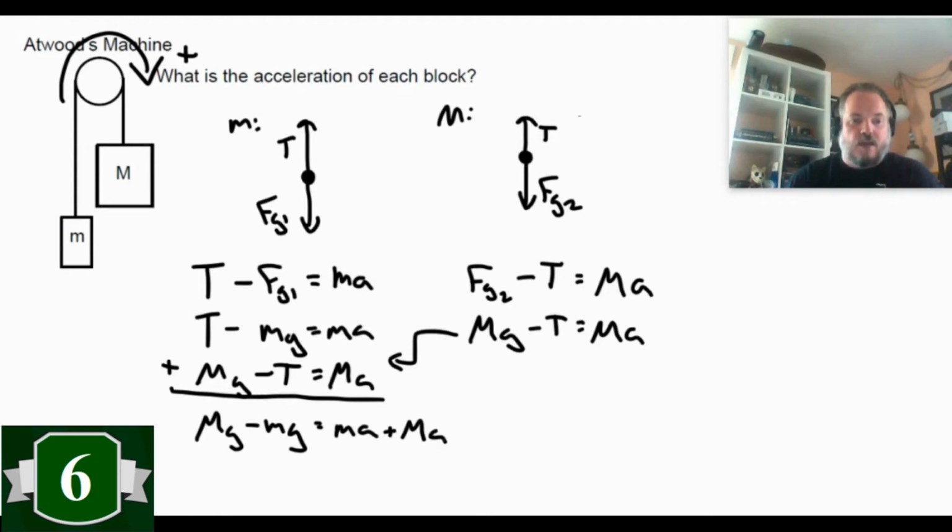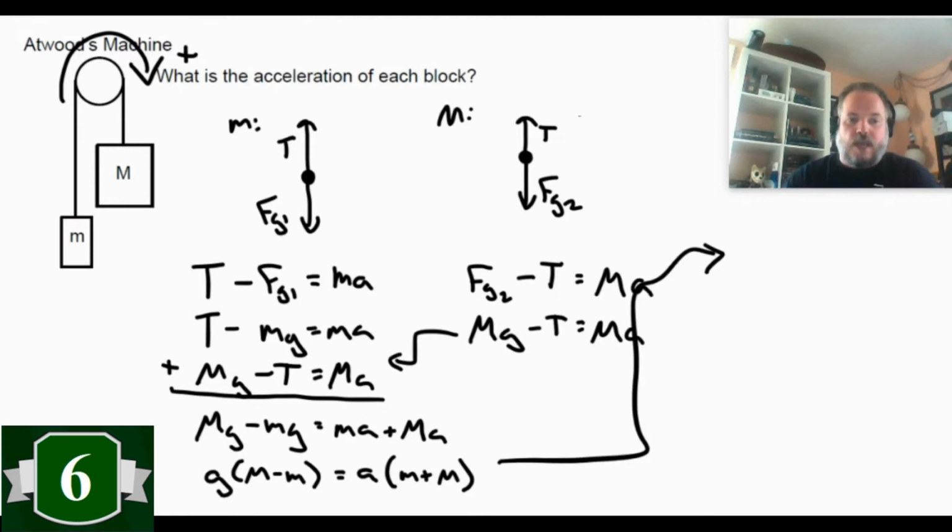Cleaning that up a little bit, let's factor out a g, and let's factor out an a. And we get A equals G times the difference of the masses divided by the sum of the masses.